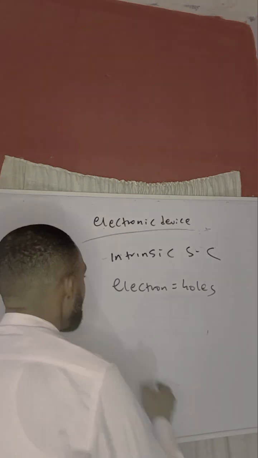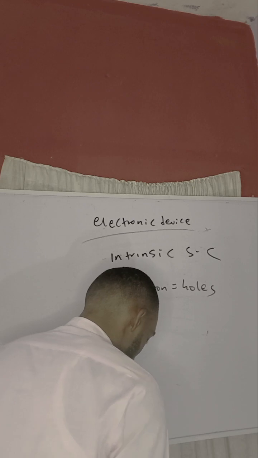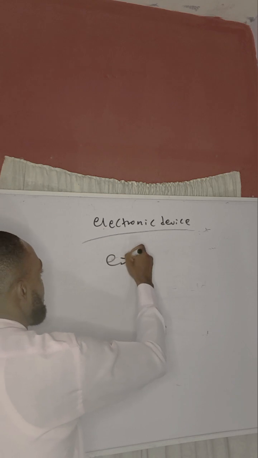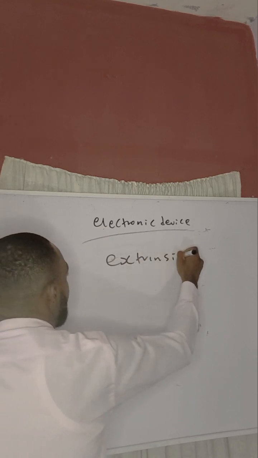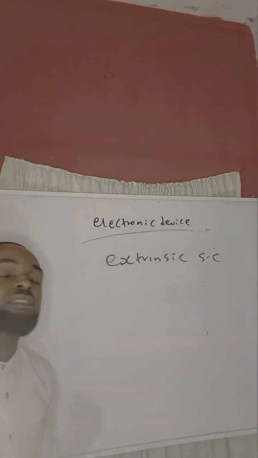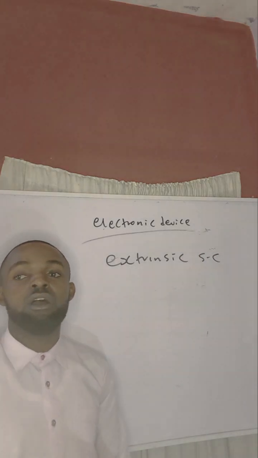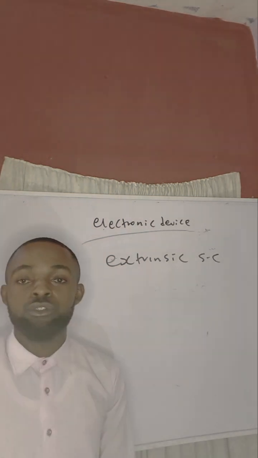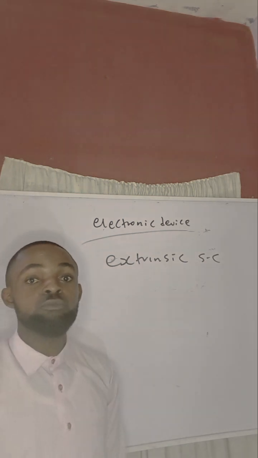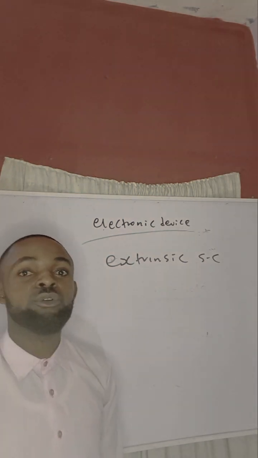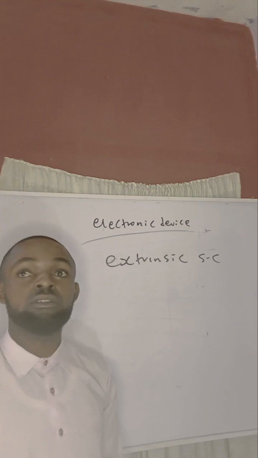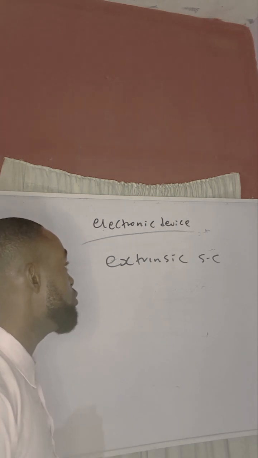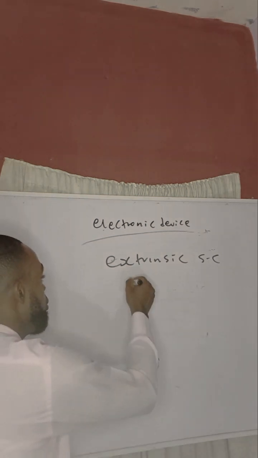But extrinsic semiconductors are not pure. For you to make them suitable, you adopt a process called doping.